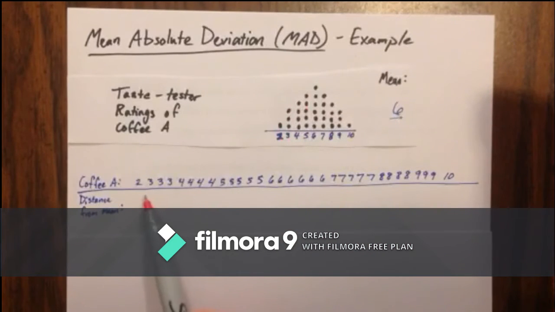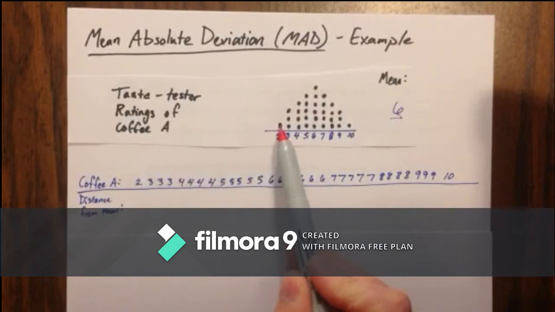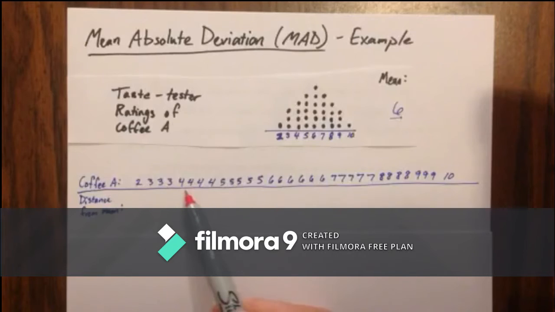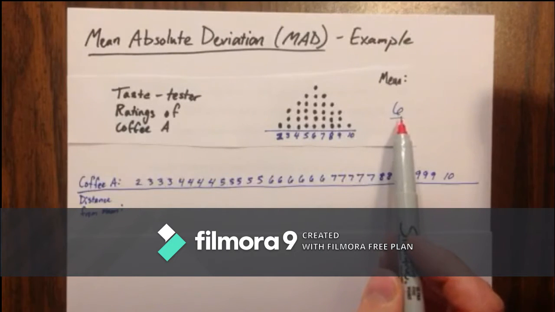Down here I've written out each data point. So there's one rating of 2, 3 ratings of 3, and so on. We can add these all up and divide by 32, which is the number of data points we have in this list, and that gives us 6 for our mean.